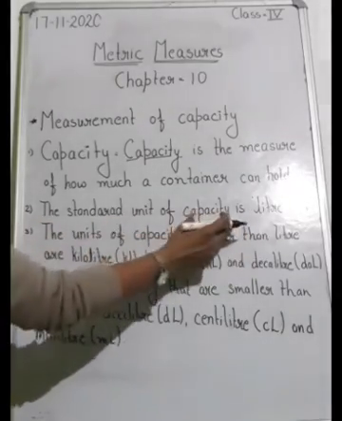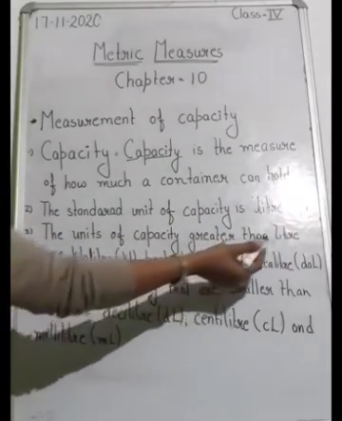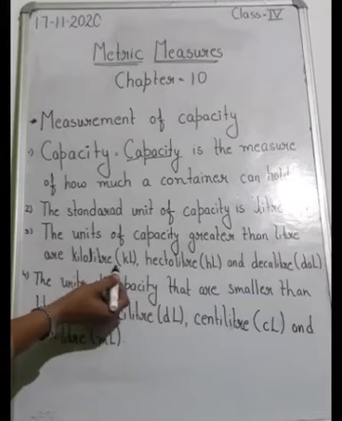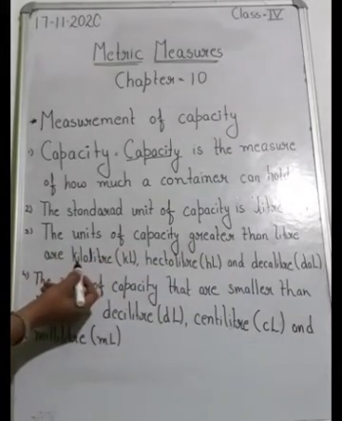Now the standard unit of capacity is liter. What is the standard unit of capacity? That is liter. The units of capacity greater than liter are kiloliter. So there are some units of capacity which are greater than liter. What are they?